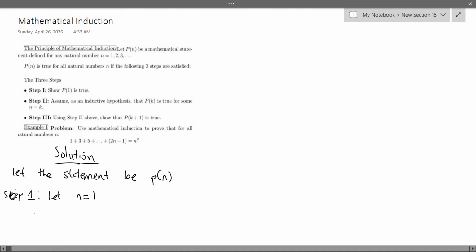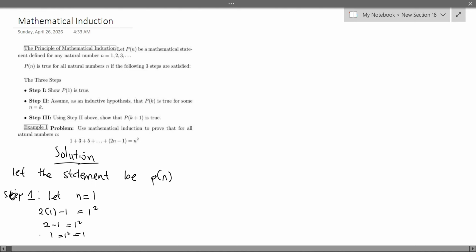So that is the left hand side now, which is 2n minus 1. You can put 1 there, minus 1. So this must be equal to n squared. N squared is 1 squared. So that will give you 2 minus 1 equals 1 squared. 2 minus 1 is 1, then 1 squared is actually 1.